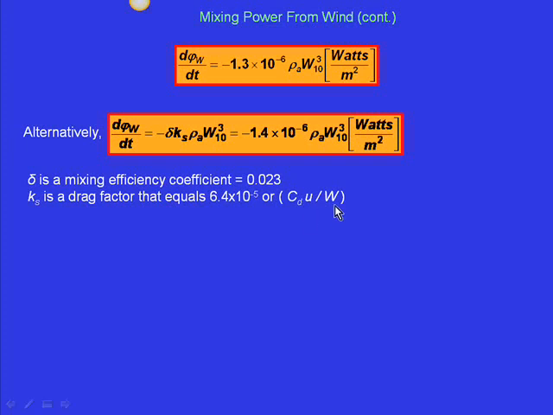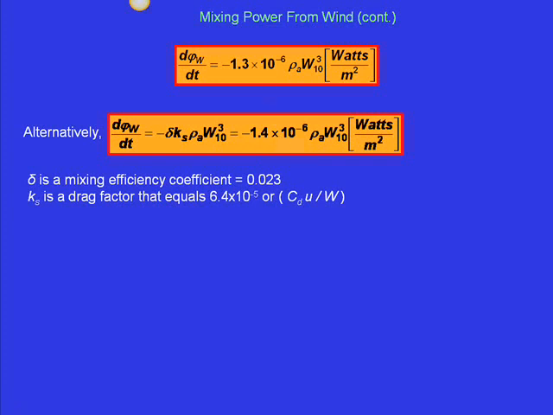So this U over W is somewhere between 1 and 4%. 4% would be the largest of this ratio. Okay, so this 6.4 times 10 to the minus 5 comes from that ratio. And if you use this value, 6.4 times 10 to the minus 5 for K sub S and 0.023 for delta, then you end up with a coefficient of 1.4 times 10 to the minus 6, which is very similar to the expression above.